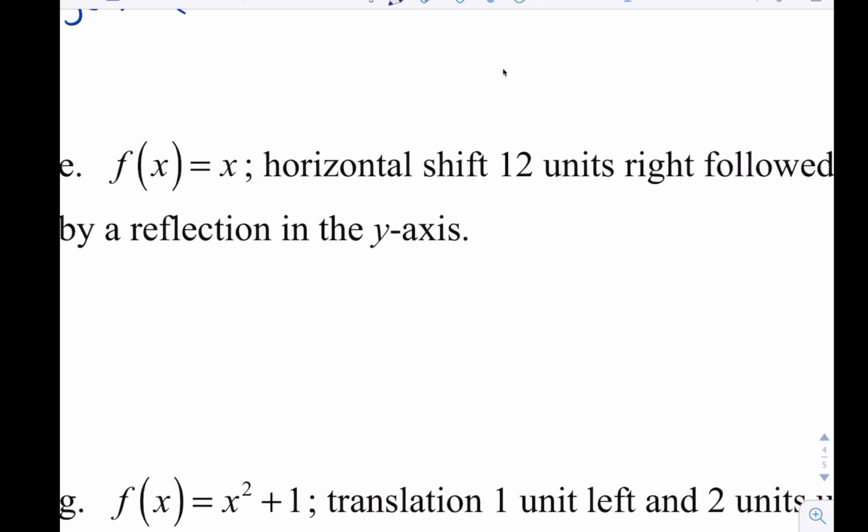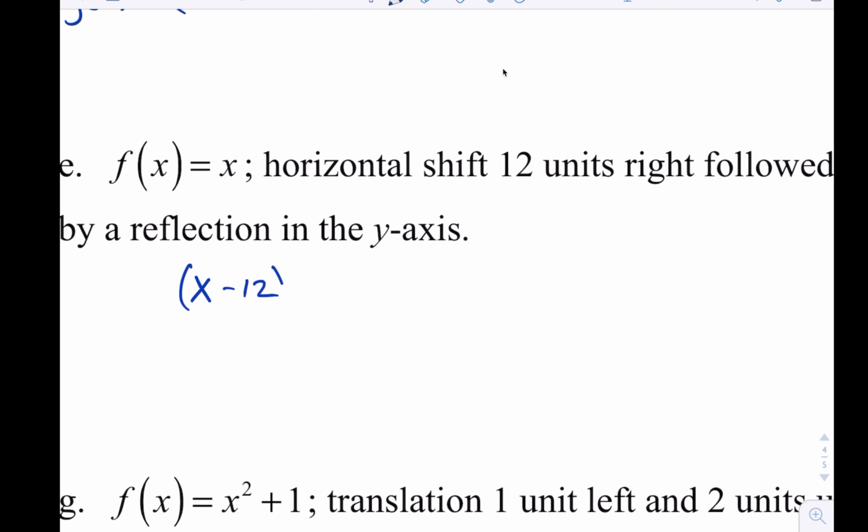Okay, so my graph here is just f of x equals x, and we're going to apply a horizontal shift 12 units to the right, followed by a reflection in the y-axis. So 12 units right. If this is my starting function and I move it 12 units right, I'm just going to subtract 12 from that.